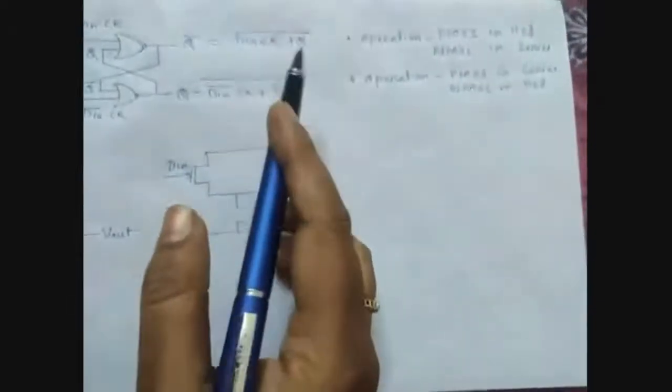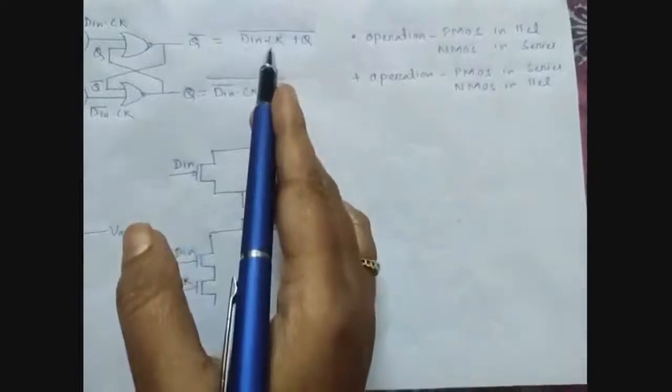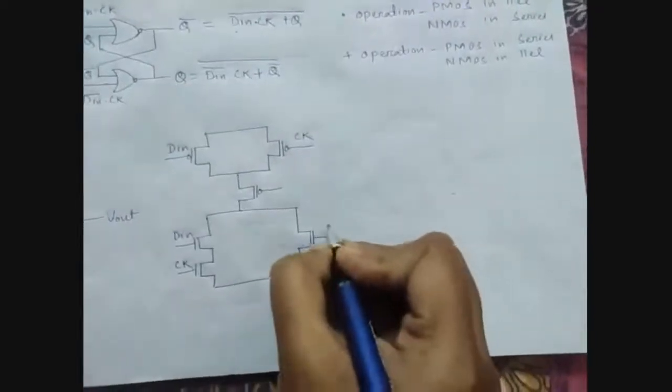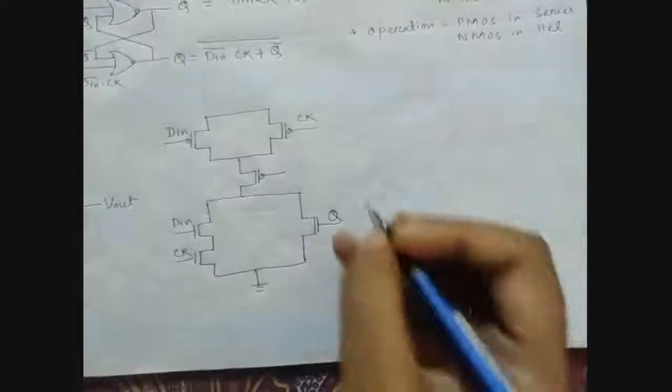Then we draw the NMOS part. In the NMOS part, D in and CK are connected in series. So we connect here in series, CK and D in. And Q is connected in parallel, because plus operation means parallel connection. Here we connect it to the ground.